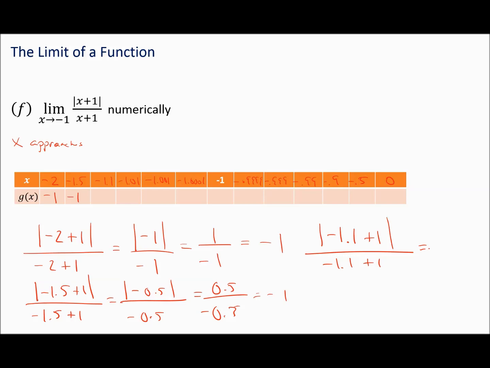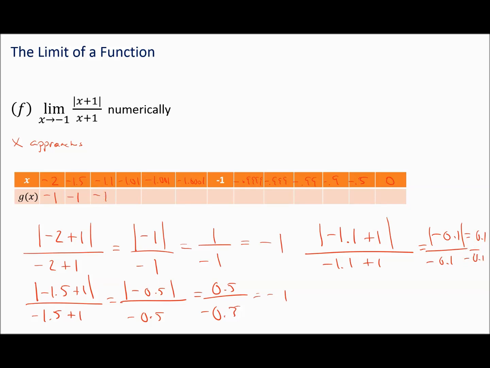Do you agree? Every time. Because it's the same thing, x plus 1. But in the numerator, it's going to turn positive. So you're going to have -0.1, but it's going to turn into positive 0.1. And the denominator is going to stay whatever it is, which in this case is -0.1. And then I divide that, and I'm going to get -1.